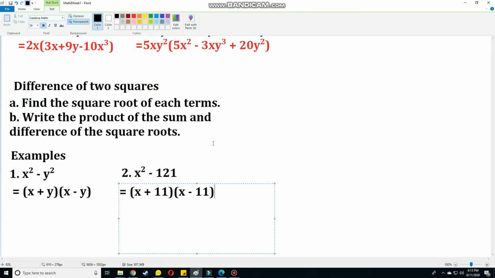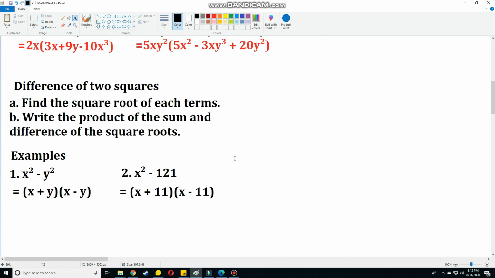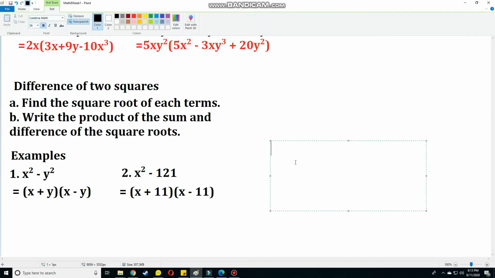The square root of x squared, that's x. The square root of 121, that's 11. So our factored form would be the quantity of x plus 11 times the quantity of x minus 11.